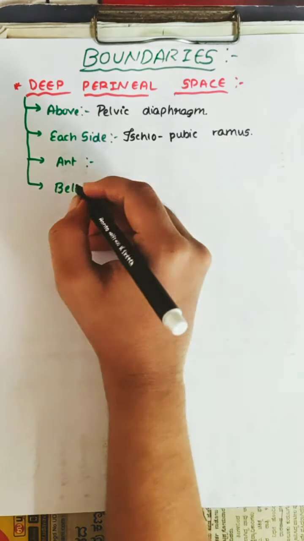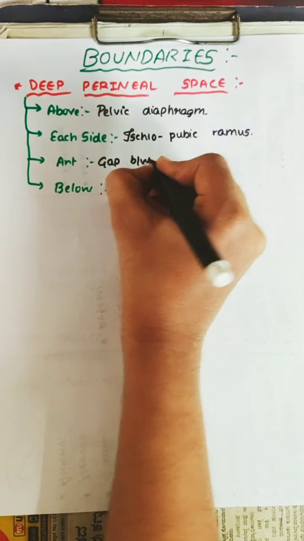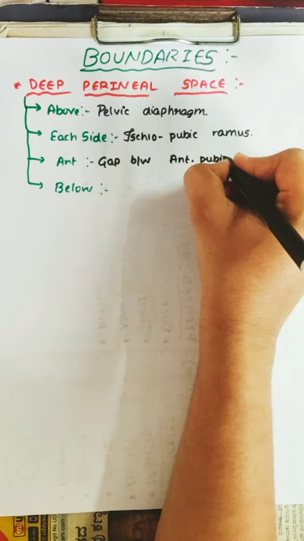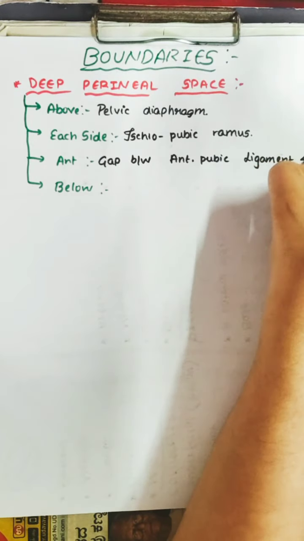On each side there is the ischiopubic ramus. On the anterior side there is a gap between the anterior pubic ligament and the perineal membrane.